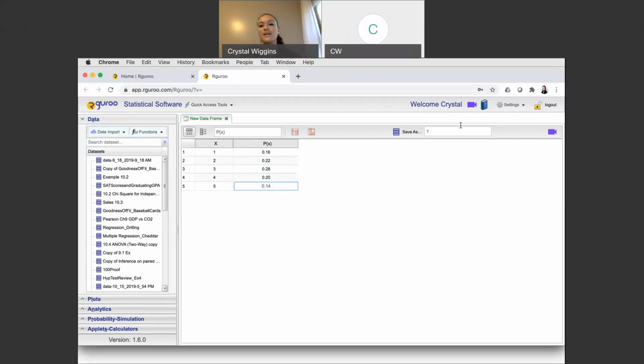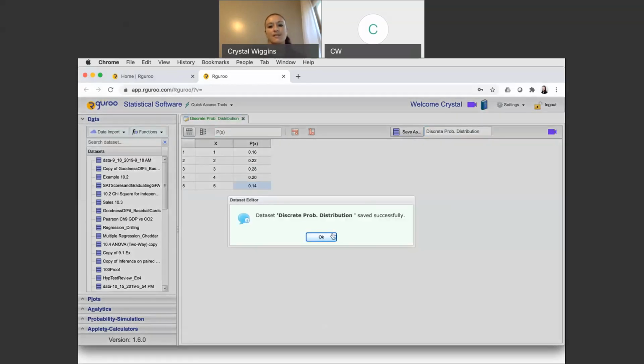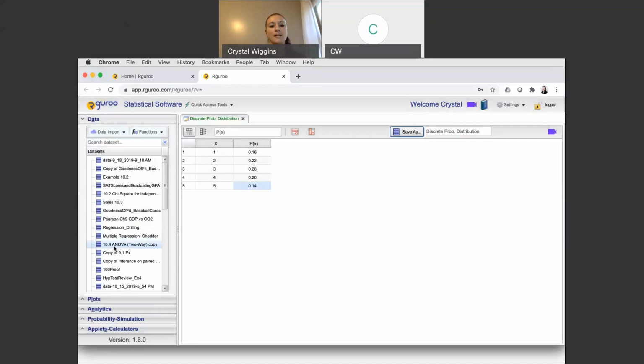Okay, I'm going to save this as discrete probability distribution, save. So once I hit save, it's going to now show up in my list of data sets.